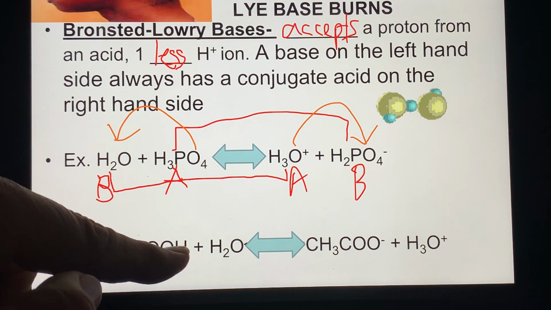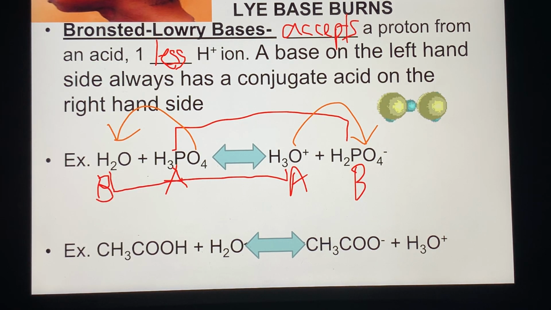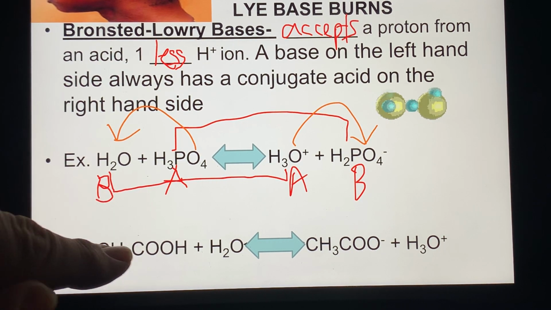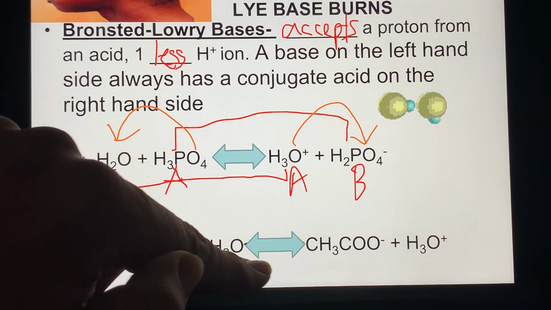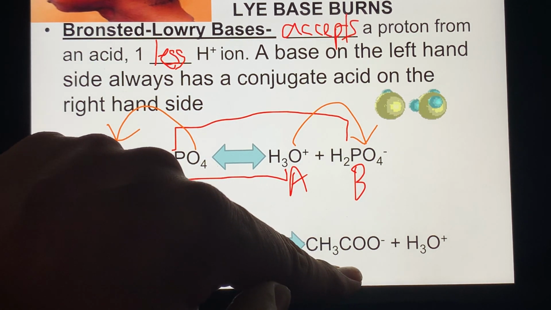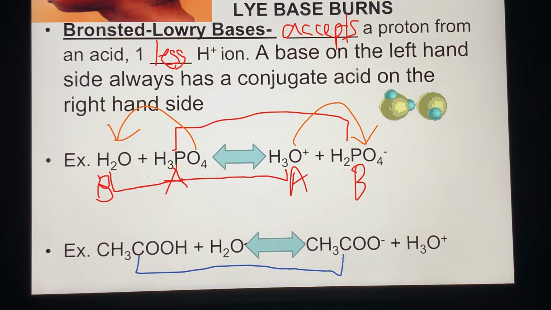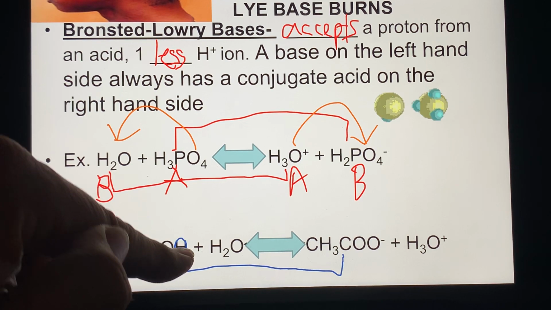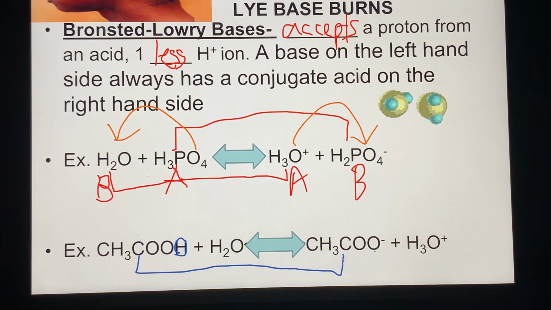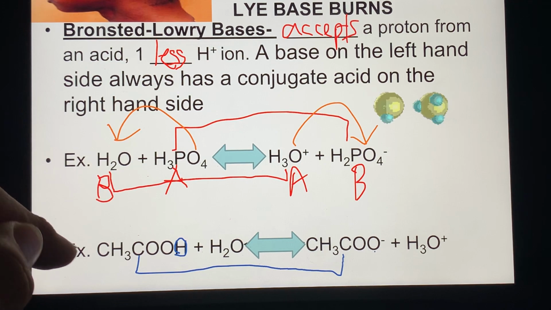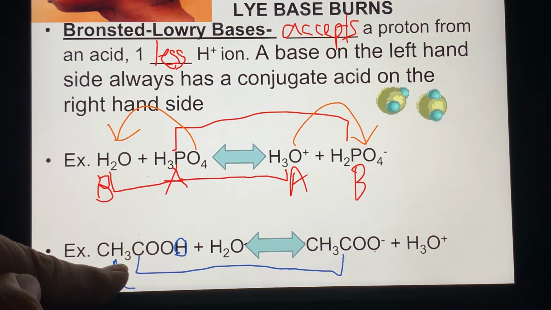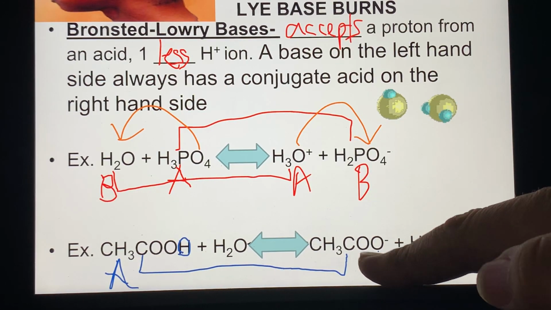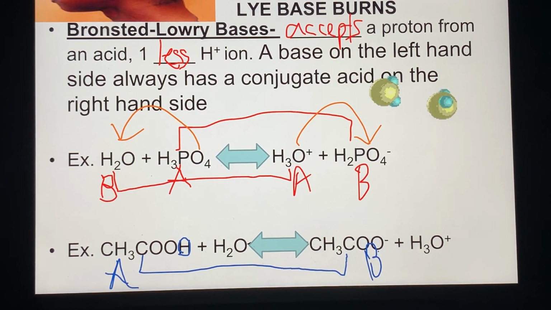Here's our famous compound, CH3COOH, acetic acid. CH3COOH is going to connect with which guy on the right side? Well, the only difference is this has one H here. This does not have the H there. So we said the compound with the one more H is your acid. The one less of the pair is the base.